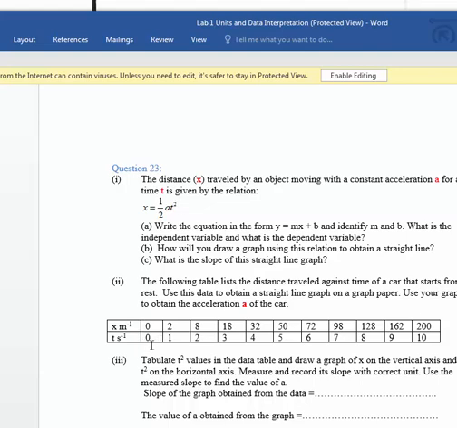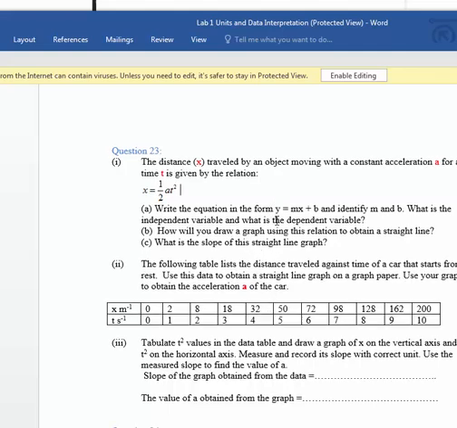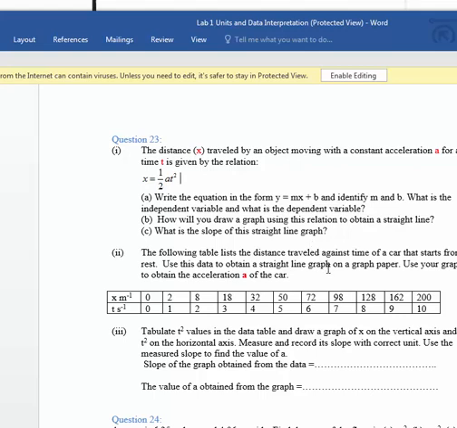You need to make another column in here and tabulate the t squared values and make a graph of x against t squared, measure its slope like I have illustrated in the graphing video, to make sure that whenever you do a graph, I want to see how you measure the slope. You've got to show me how the slope is measured and record it with the correct unit. And use the slope of the graph to find the value of A.